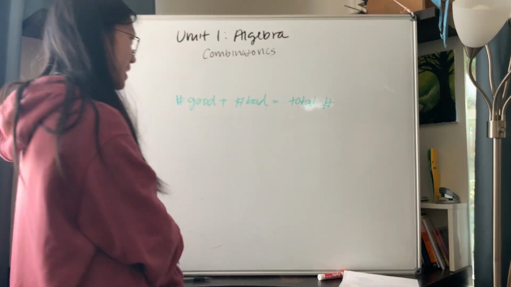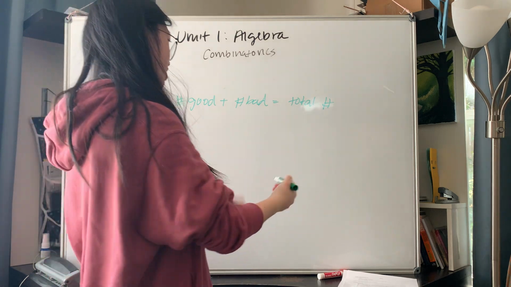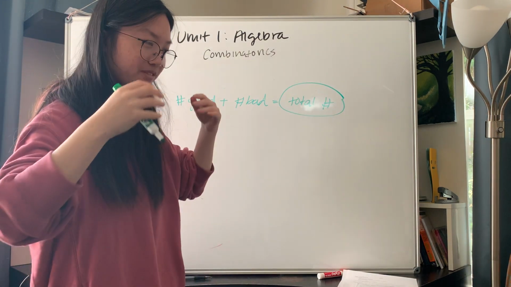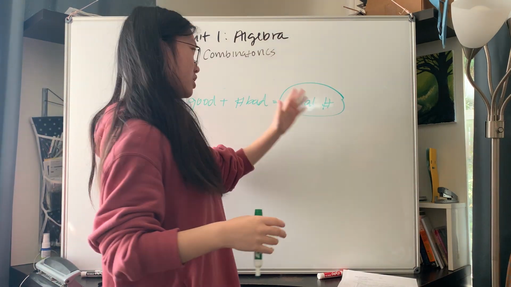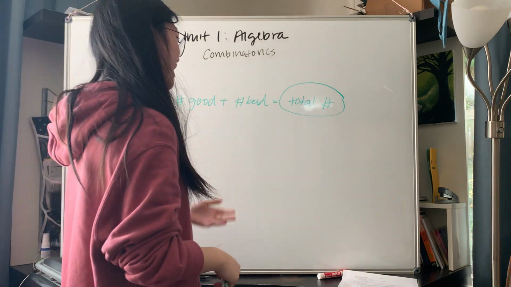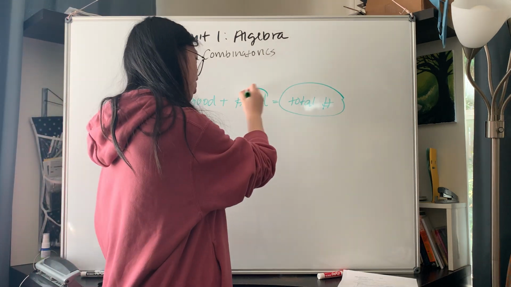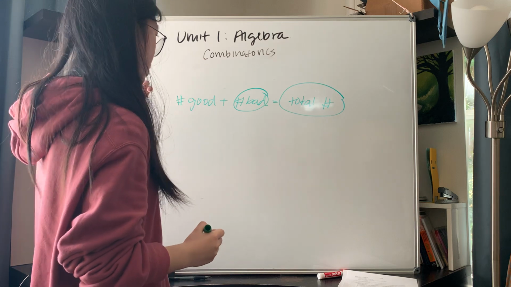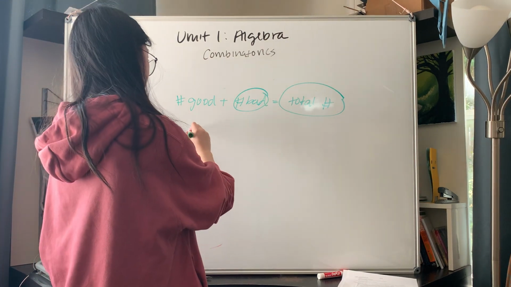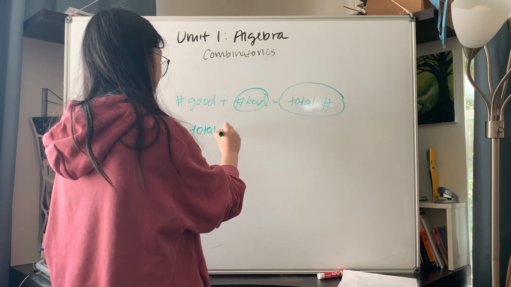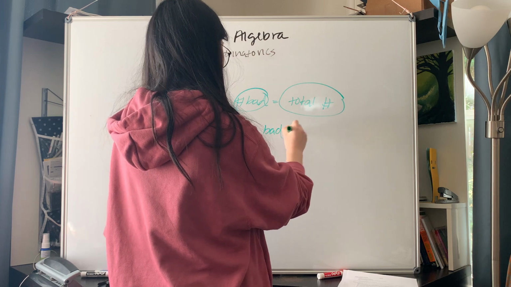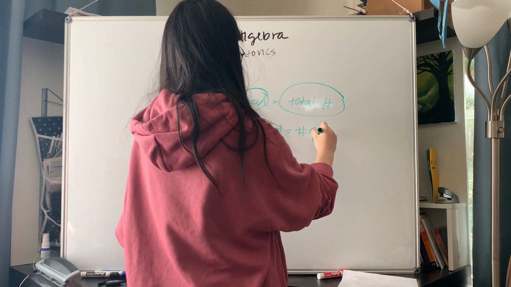So what that basically means is that usually we can find the total number of situations quite easily. And then sometimes it's easier to find the number of situations we don't want rather than the number of situations we want. So this method is basically taking the total number of situations, minusing the number of situations we don't want in order to get the number of situations we want.